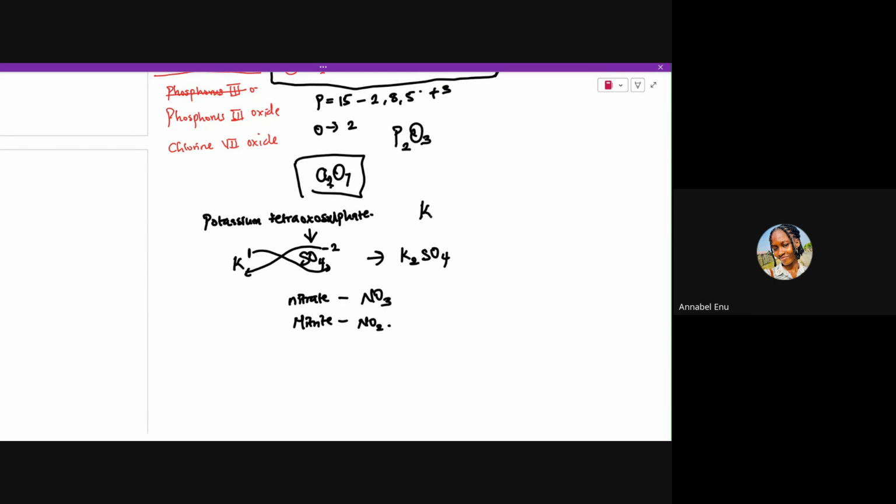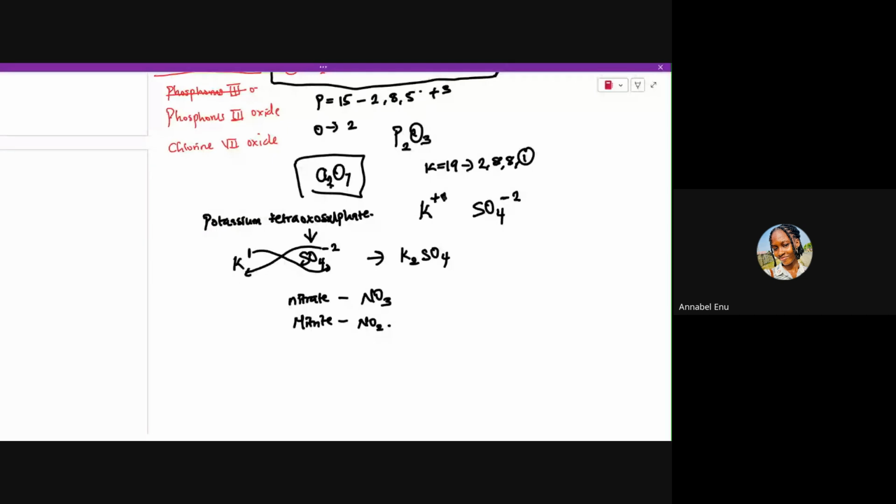Potassium is K, then tetraoxosulfate is SO4, and the overall charge or valency of tetraoxosulfate is -2, and that of potassium, if we go through it, potassium is 19 in the periodic table. So the configuration is 2.